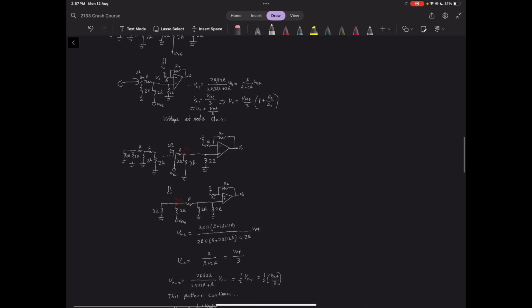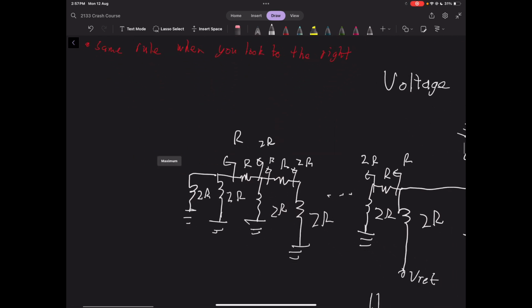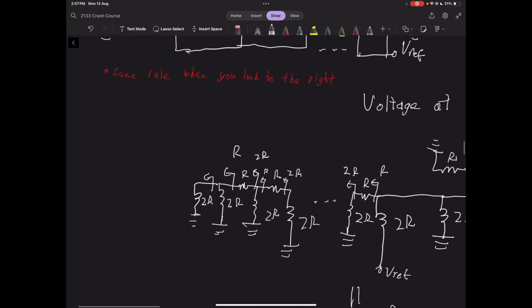And if you're not convinced that that applies, if we go over here, we can just look. Over here, this is clearly 2R. Then if we want to find the equivalent resistance from this point, over here, everything to the left, we just have 2R in parallel with 2R, which means the equivalent resistance at this point is R. Then if you're looking from this point, you have R in series with REQ, which we said was R. So R plus R is 2R, and then the exact same pattern repeats.